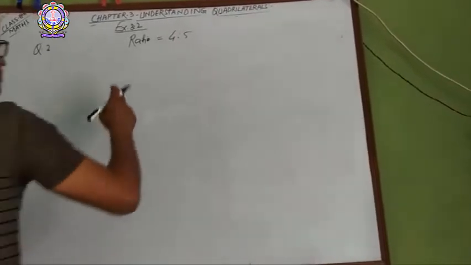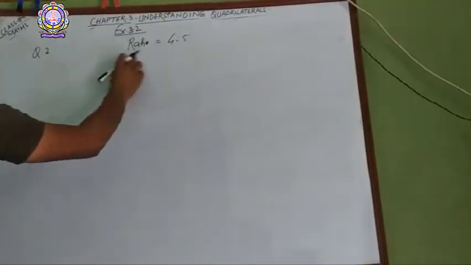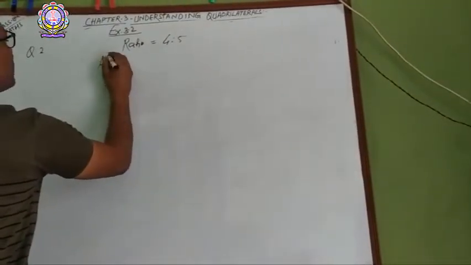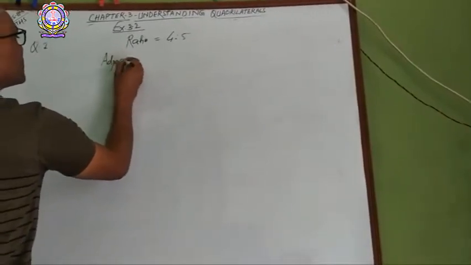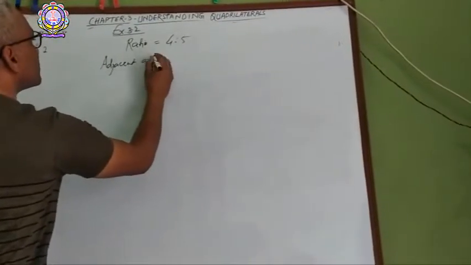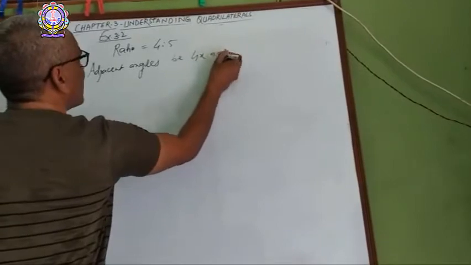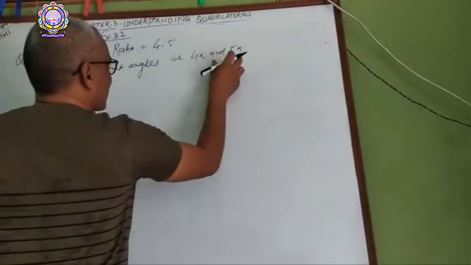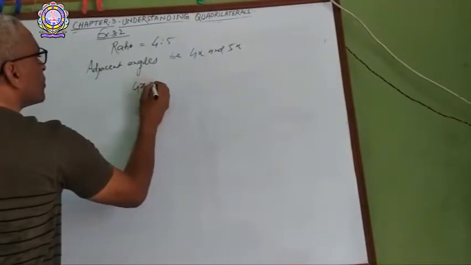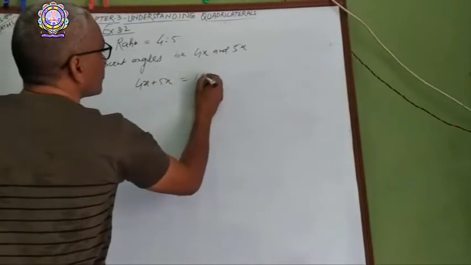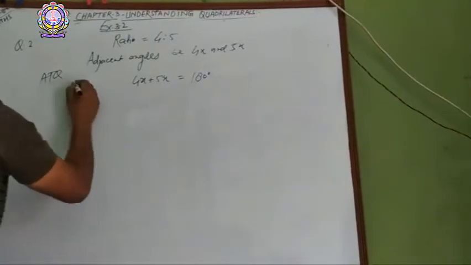We know that the sum of adjacent angles must be equal to 180 degrees. The ratio is this, therefore the adjacent angles will be 4x and 5x. We know that the sum of adjacent angles must be equal to 180 degrees from the property of a parallelogram.